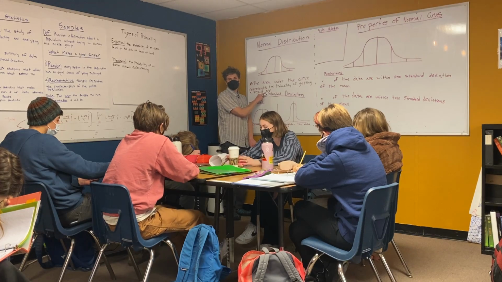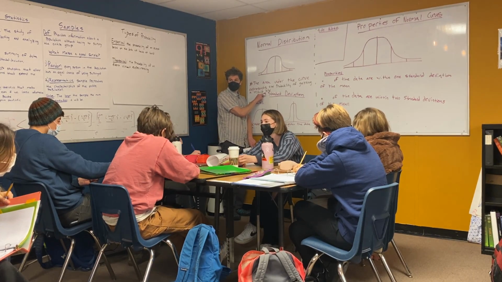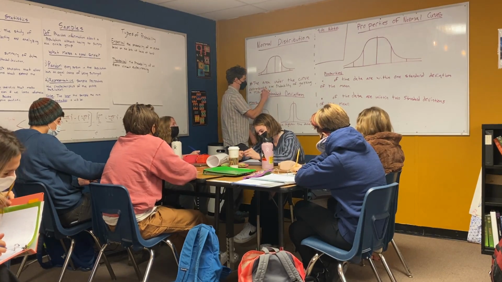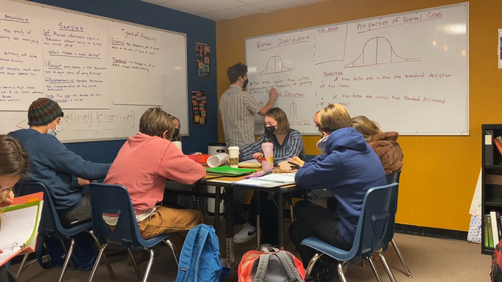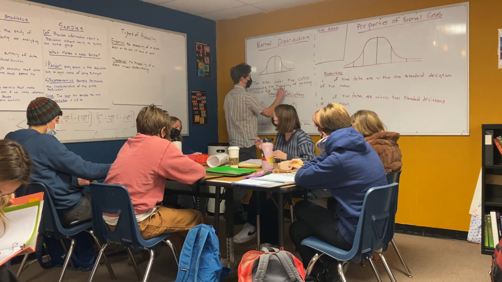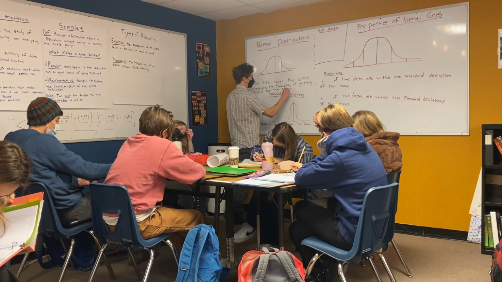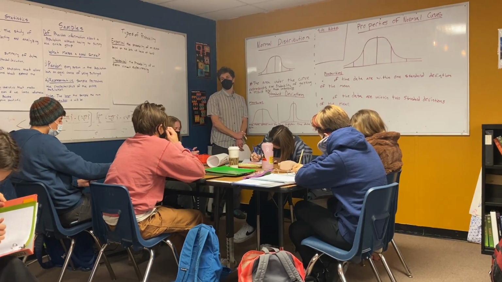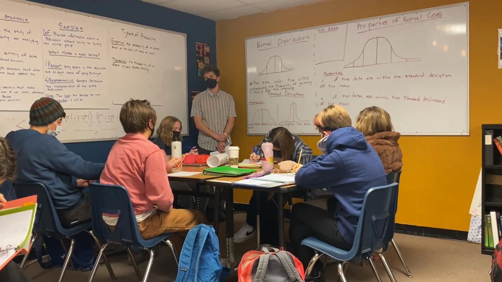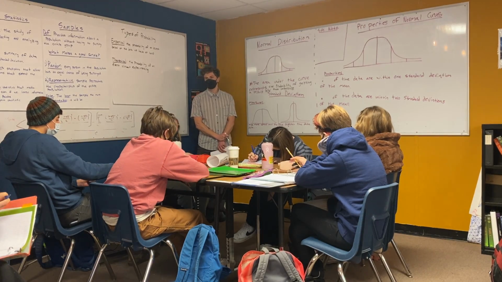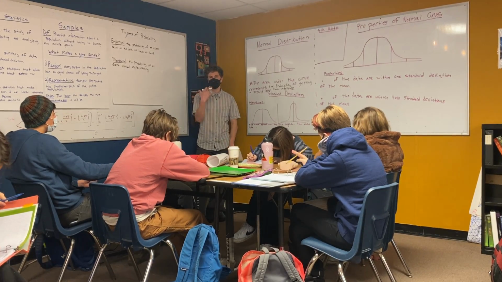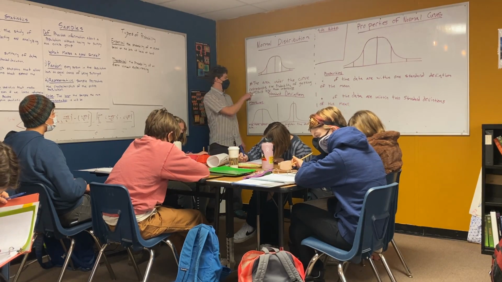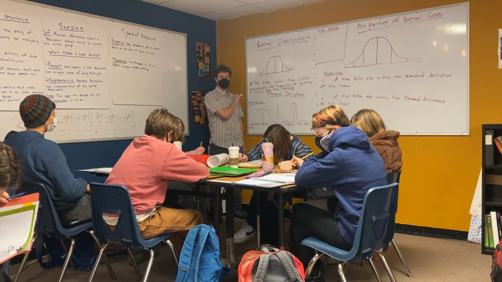B/W means between. So I might do little shortcuts sometimes when I'm lecturing because writing is hard. So between two intervals. That's the main thing that is important about these bell curves, or what we call the normal distributions: we care about the area under the curve. It represents the probability of a result between two intervals.